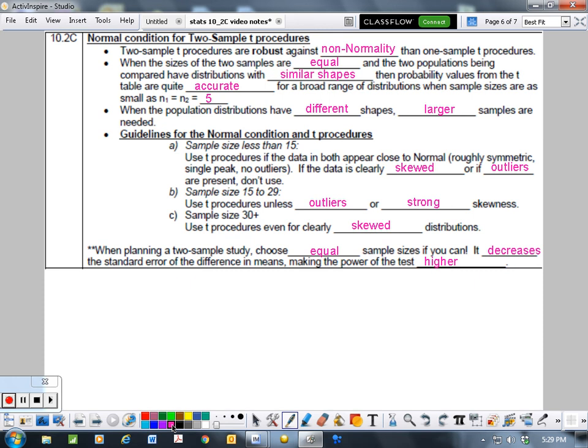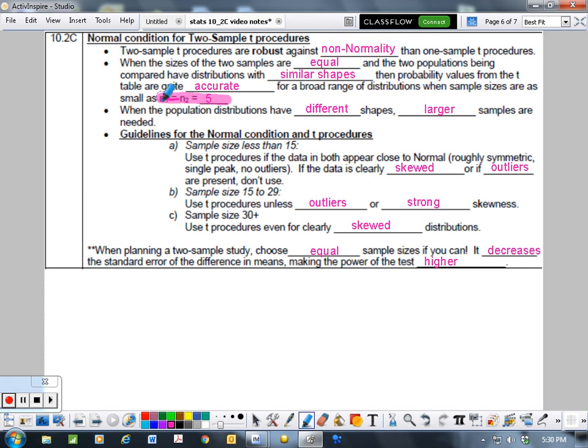When the sizes of 2 samples are equal and the 2 populations being compared have distributions with similar shapes, then the probability values from the t table are quite accurate, even for sample sizes as low as 5. Usually we don't like to go that low, but as long as they have the same sample size and similar shapes, it's going to be accurate with a sample size as low as 5 for each group.